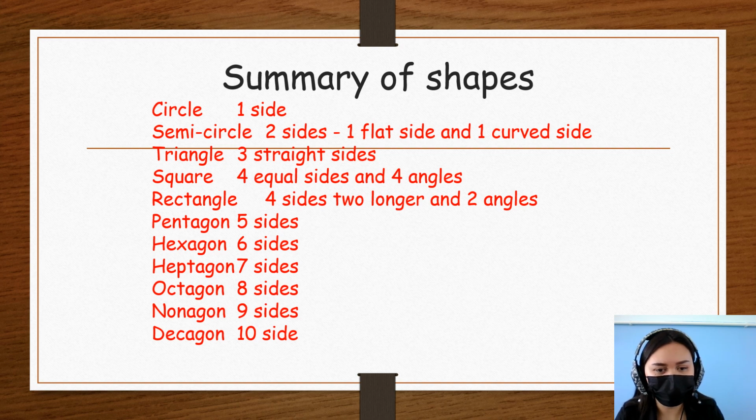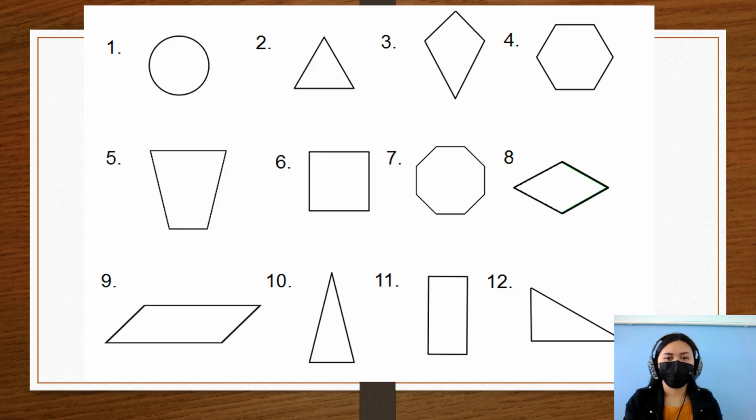Pentagon, five sides. Hexagon, six sides. Heptagon, seven sides. Octagon, eight sides. Nonagon, nine sides. Decagon, 10 sides. Okay, so these are examples of 2D shapes. Now let's have this one.